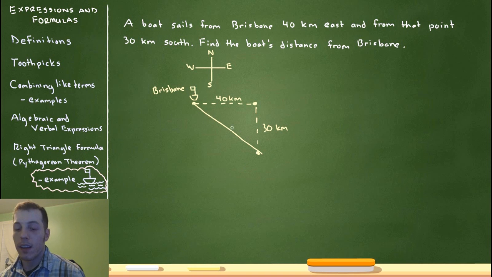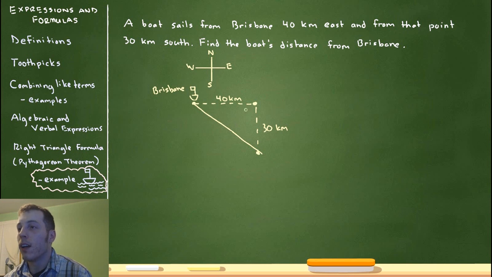We're not going to have an exact straight line here, but for the most part, with distances this small, yeah, actually, these are pretty large distances, but for the most part, you're going to be close with the straight line. So, for all practical purposes, and just the fact that we want to practice the Pythagorean theorem, we're just going to draw a straight line from Brisbane to the current spot where the sailboat is.